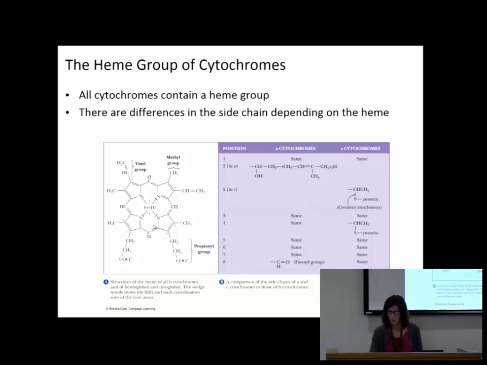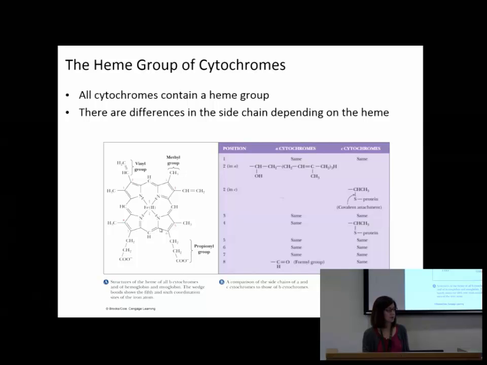Now, you have these numbered positions, and you can see in these different positions, we have different groups. I'm not going to ask you the difference, all right? I'm not going to test you on that. But just know that the way we get the cytochrome C1 and the cytochrome A to have different standard reduction potentials is to change what groups are on these positions.